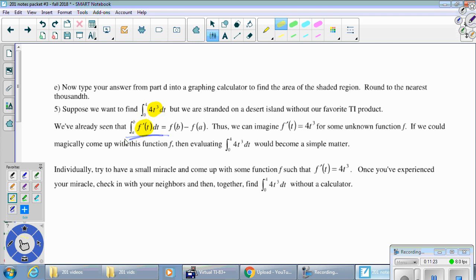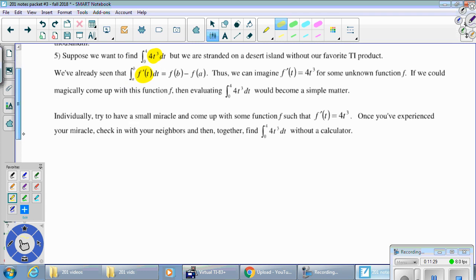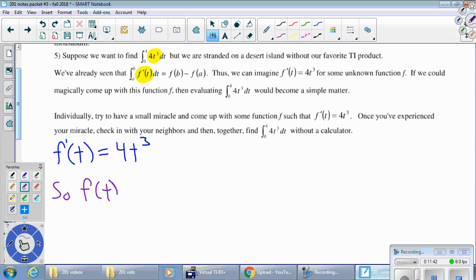And so we're going to try to come up with that function to help us get this integral. So here we go. F prime of t is 4t cubed. We're trying to force that, and therefore f of t equals, so we're just trying to think, somebody took the derivative of a function and got 4t cubed.